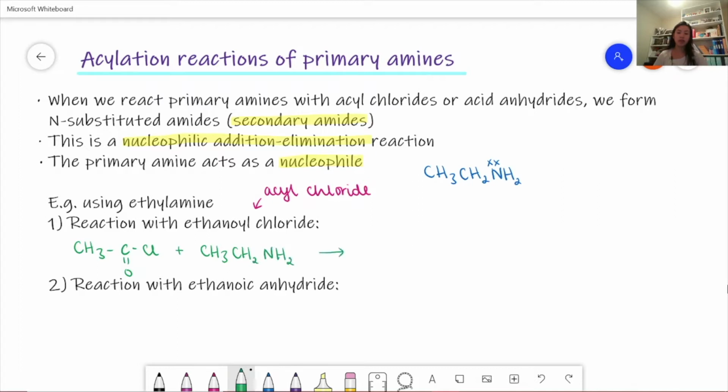And then what we form is CH3, C double bond O, and then we have NH, CH2, CH3, and then we also form HCl, because we've lost one of the hydrogens off of this ethylamine, and it's bonded with the chlorine that's been lost from the ethanoyl chloride. And so what we formed is N-ethyl ethanamide.